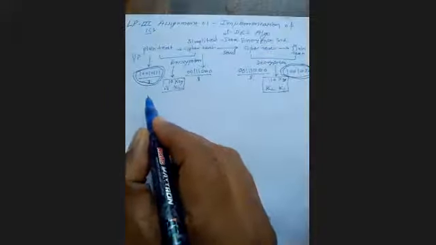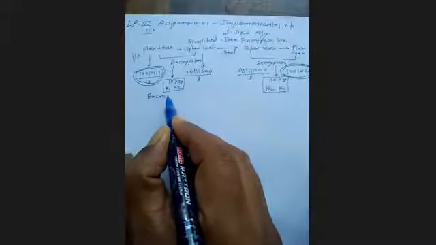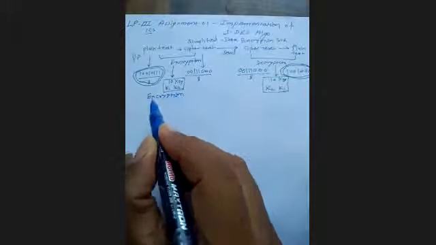Everybody understood it? Now, how am I going to convert? What is the algorithm for encryption? This is my encryption algorithm I am writing. How can you perform the encryption?